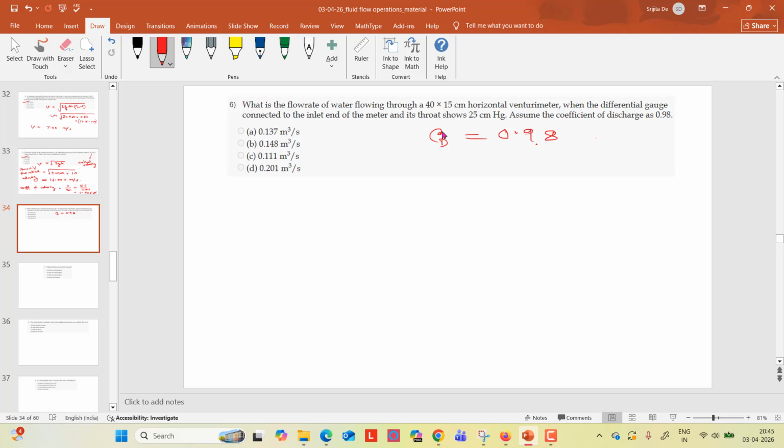Water is there, that means water will be 1 kg per centimeter cube, and for mercury it will be 13.6, right?